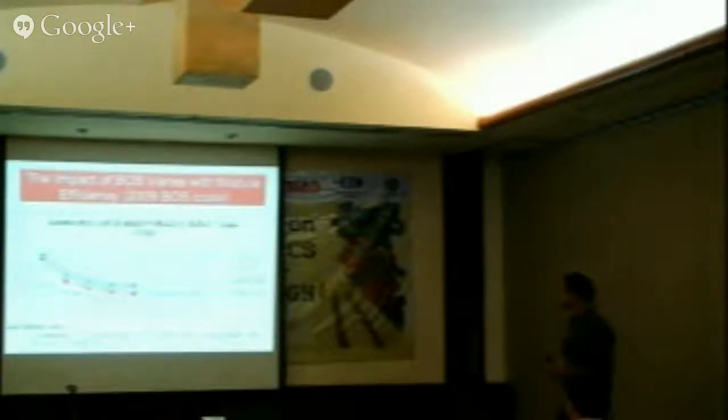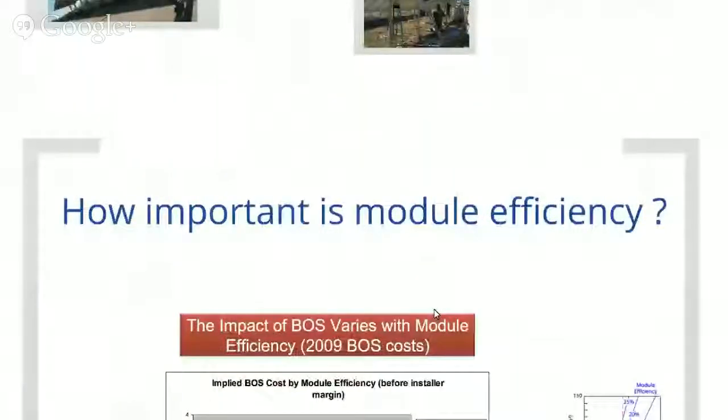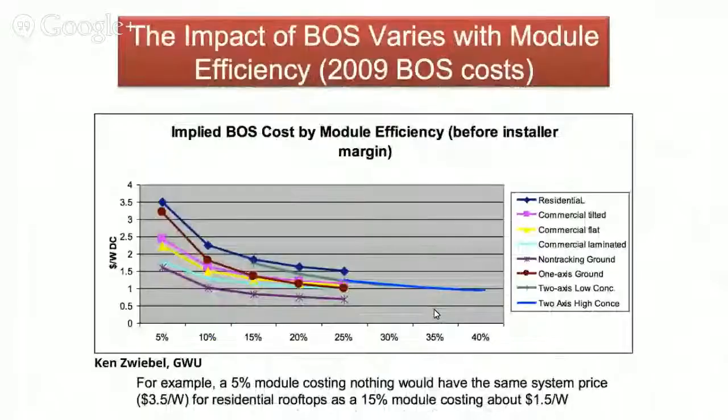And this very important curve was actually done by Ken Weaver, George Washington University, a very interesting class. This is dollars per watt, peak power, versus efficiency. And of course, you see a drop. With more power, the costs are the same for different situations.